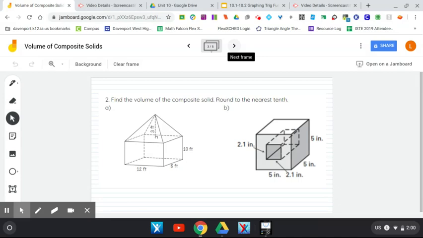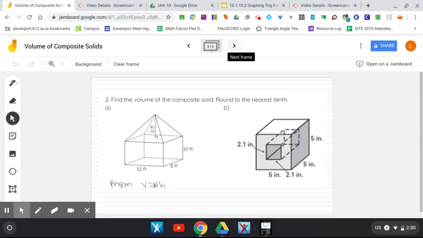On part A, we have a prism here on the bottom stacked with a pyramid on top. So again, when they're stacked together, that means you are going to add your volumes. So let's start with the prism. So the volume of a prism is the area of the base times the height. So the prism is down here on bottom.